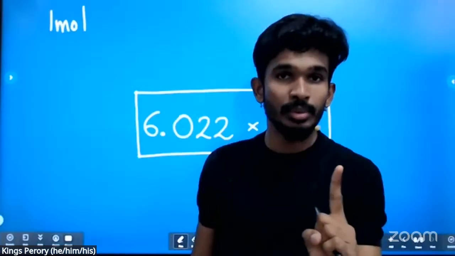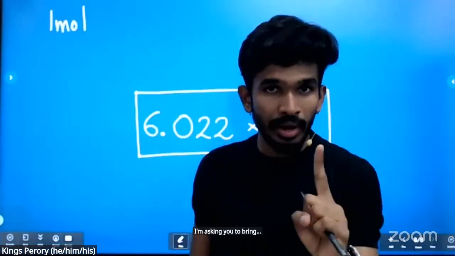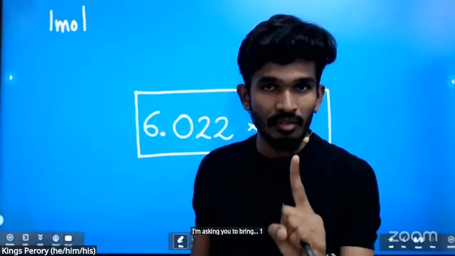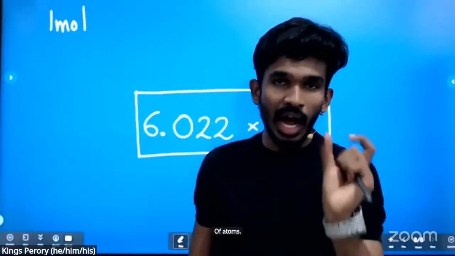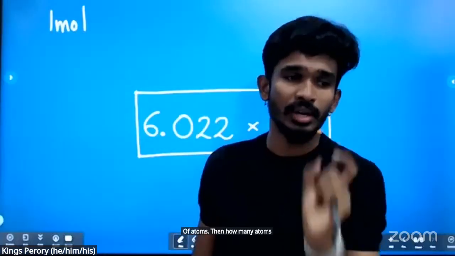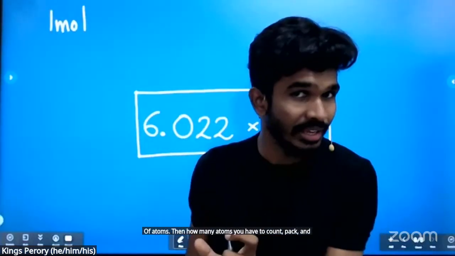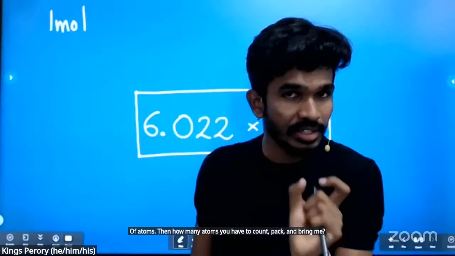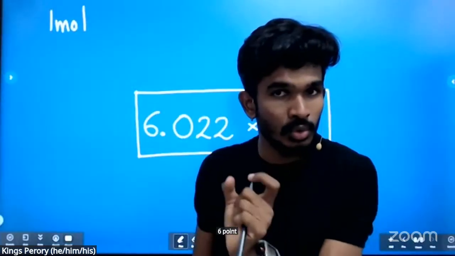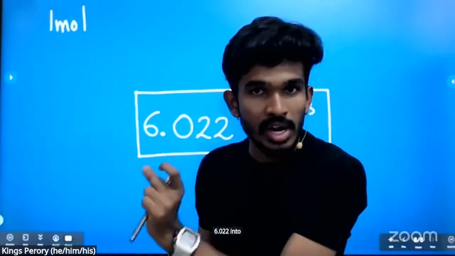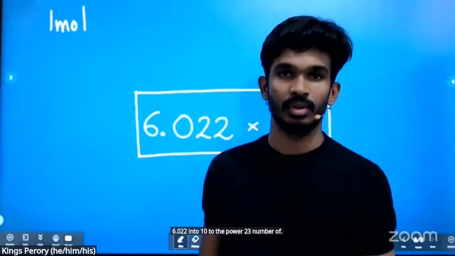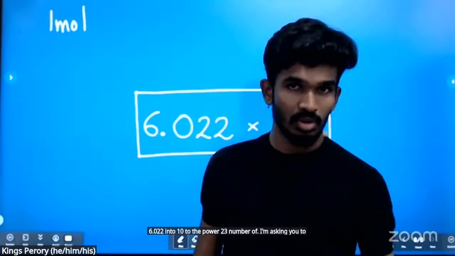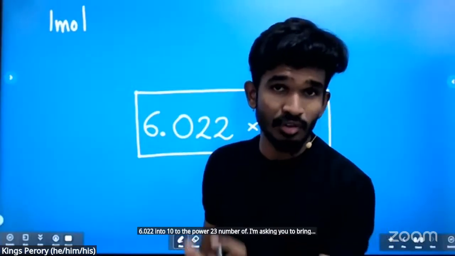I'm asking you to bring 1 mole of atoms. Then how many atoms do you have to count, pack and bring me? 6.022 into 10 to the power 23 number of atoms. I'm asking you to bring 1 mole of molecules.